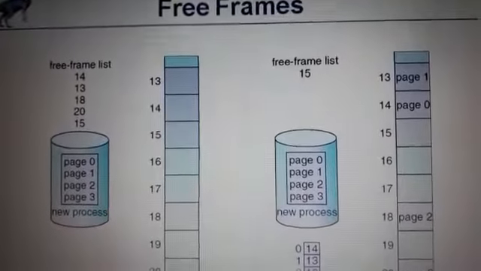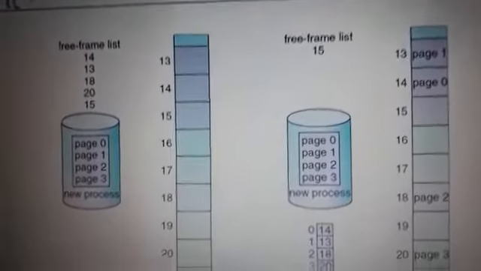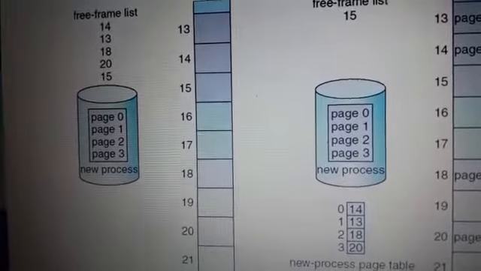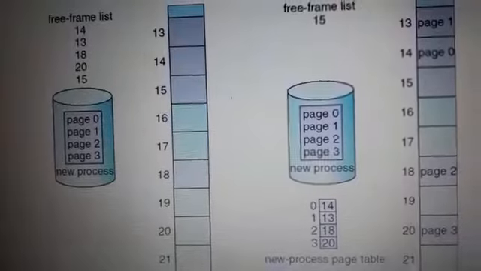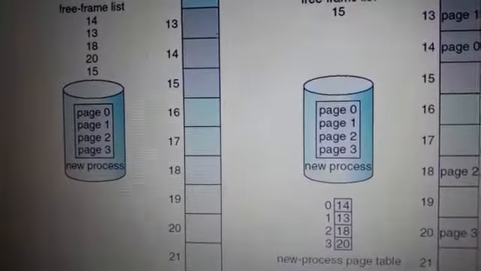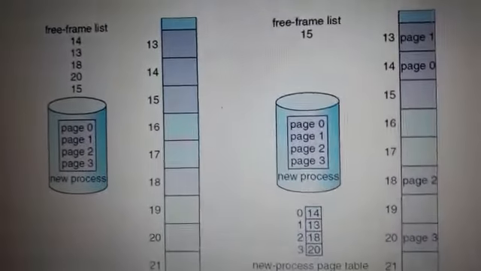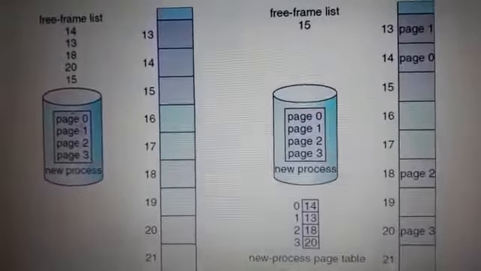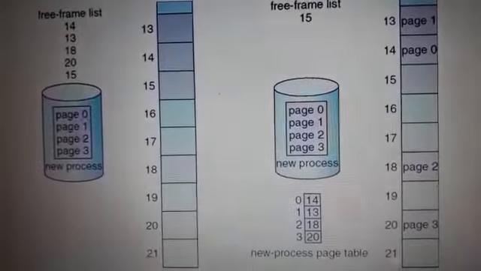Next, allocation of free frames. Certain pages are stored in the backing store and some of the frames are free here. Free frame list: 14, 13, 18, 20, 15, all these are in the free frame list. And pages 0, 1, 2, 3 are nothing but the new process.